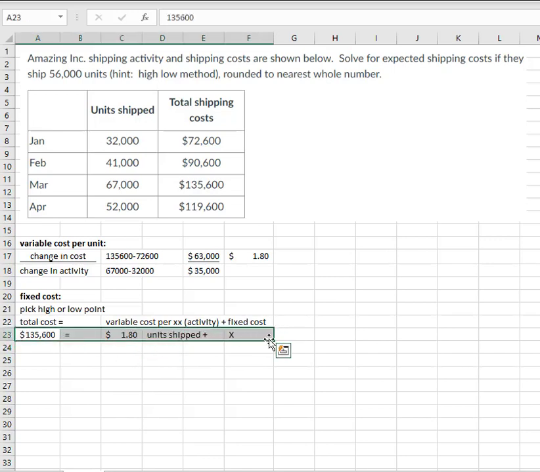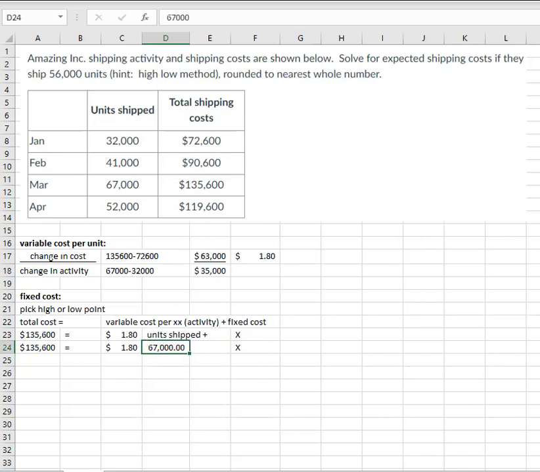All right. So units shipped in March, that's the point I picked, which is the 67,000, plus something.